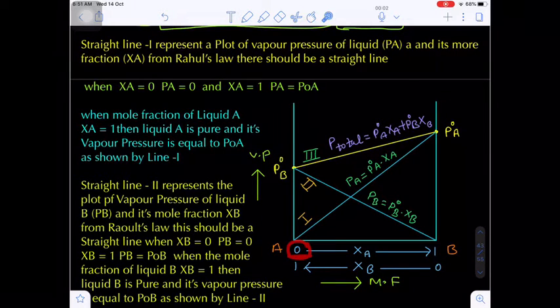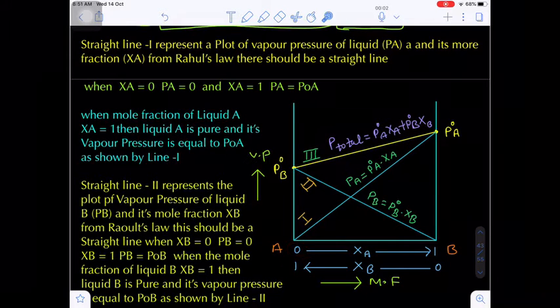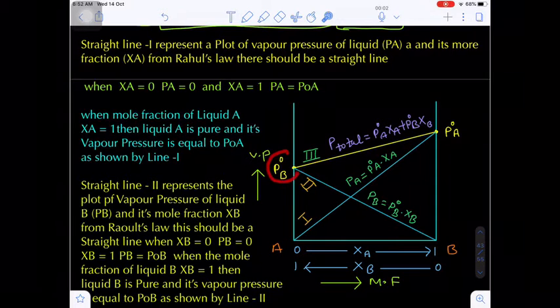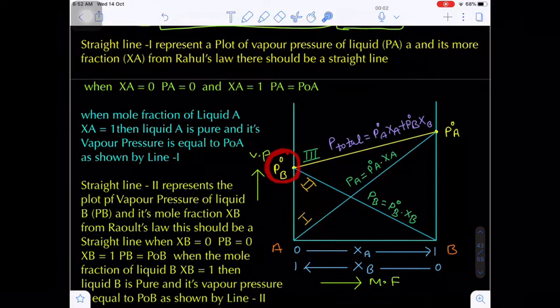Mole fraction of A being 0 means only component B is present, so you have the pure vapor pressure of component B, that is the partial pressure of component B, which is nothing but the total pressure of the solution. Component A is absent, so only component B is present, that's why it is called the pure state vapor pressure of component B.